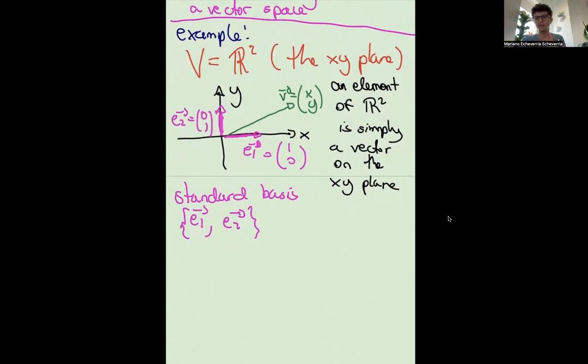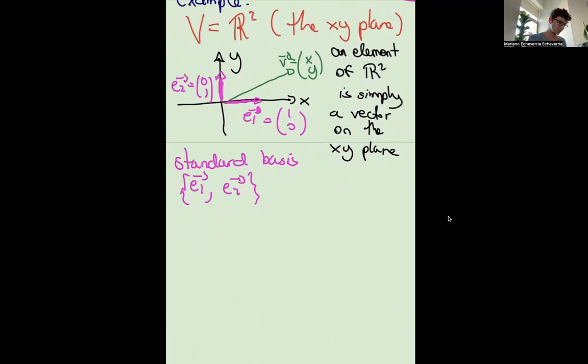What I'm saying is that any vector here, any green vector, can be broken down as a decomposition of e1 and e2. How can you do that? Well, v is (x, y).